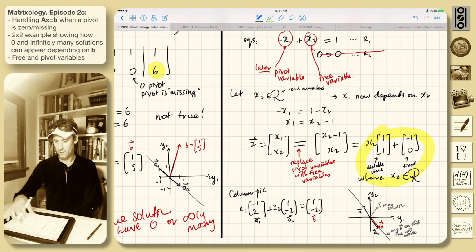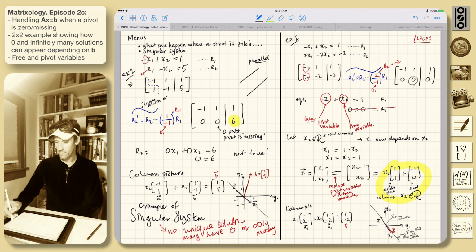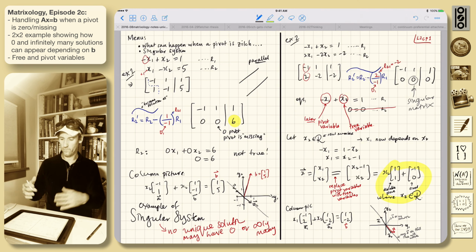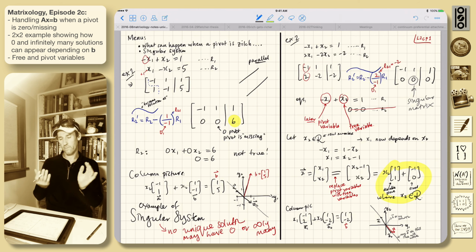So again, it's a singular matrix. It doesn't have a full set of pivots, just like the other one. With the B that we had, we had a solution. It's possible we could start with a B, and there are infinitely many, for which there's no solution.